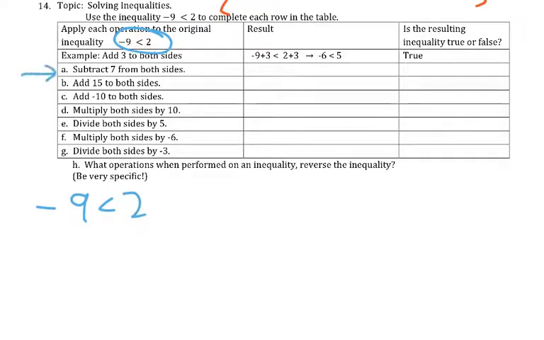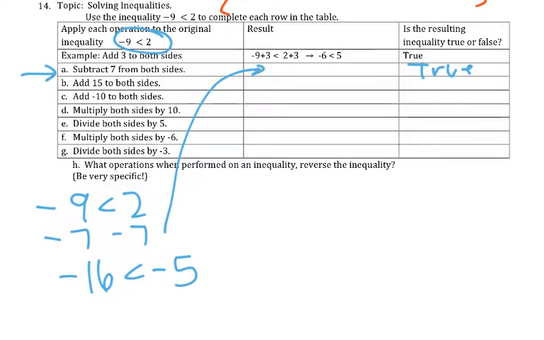So what happens if I subtract 7 from both sides? -9 minus 7 is -16. 2 minus 7 is -5. Is -16 less than -5? Yes, so that's true. Okay, I'm showing my work down there, but you would need to be putting them in there, right? At least the results. So -16 is less than -5.